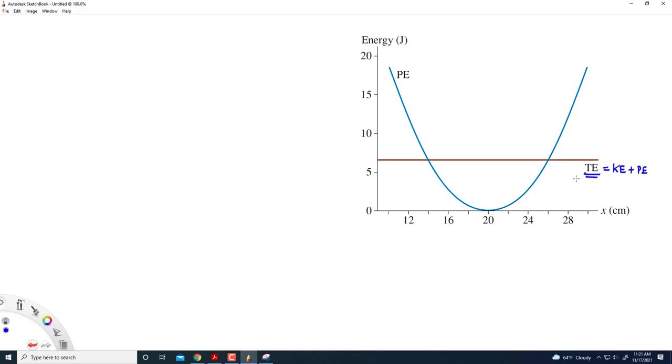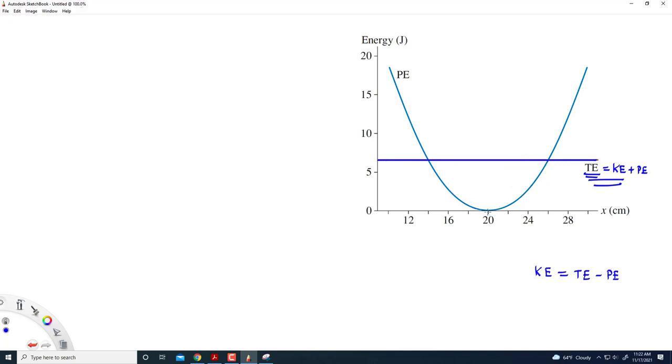So it's not showing the kinetic energy, but we can actually see the kinetic energy in this diagram. Kinetic energy is total energy minus potential energy, so the difference between total energy, this line, and this graph is the kinetic energy.